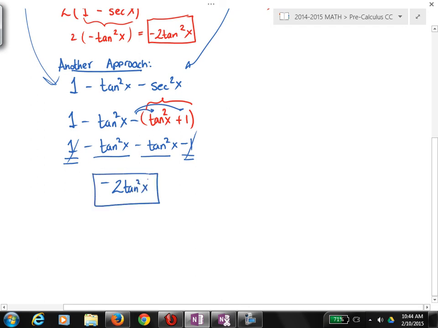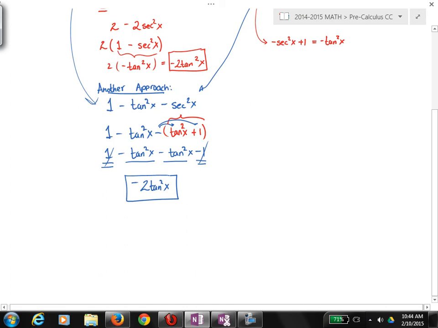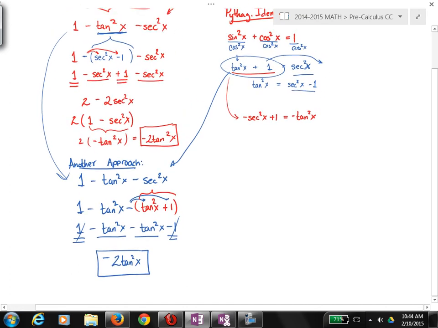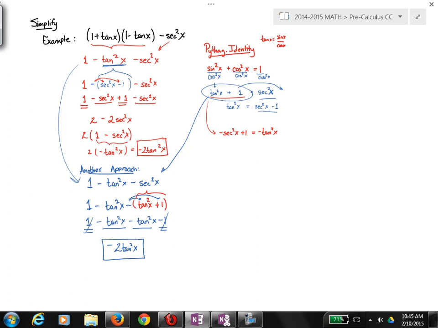And some of you might be asking, well, why didn't I just do that from the beginning? Like I said, with the different approaches, especially for these trig identities or simplifying trig expressions, it takes a little bit of practice to recognize which approach is going to give you a better result in fewer steps. Okay? And not all the time will you know which approach to take.